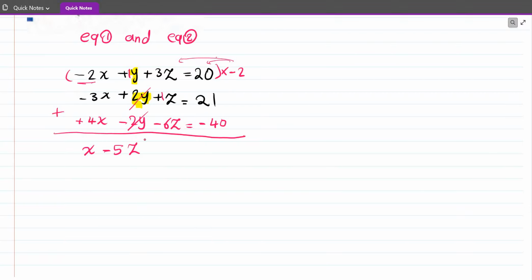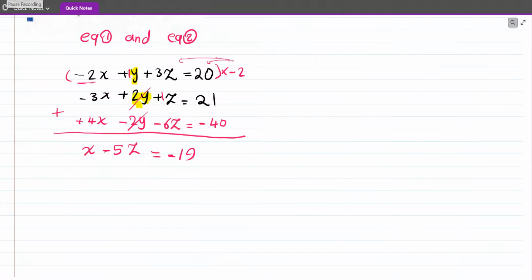Why, teacher? Because positive 1 with negative 6 equals negative 5. That's why. Equals 21 with negative 40 equals negative 19. Everything fine so far? Okay.